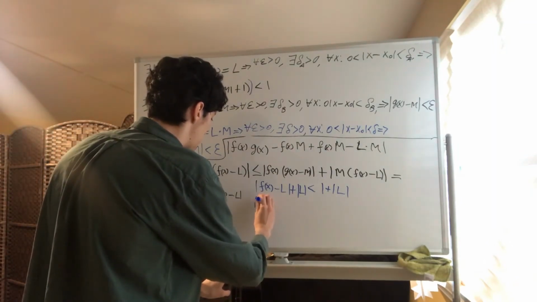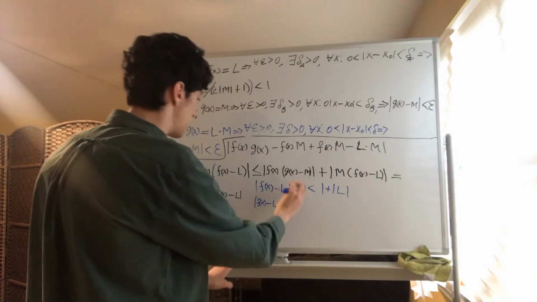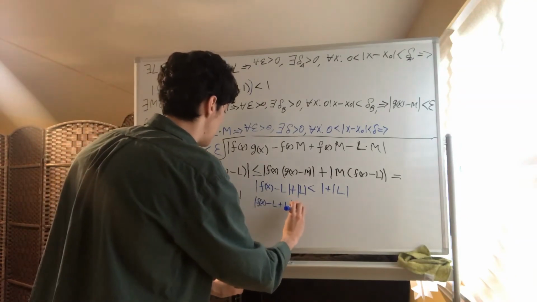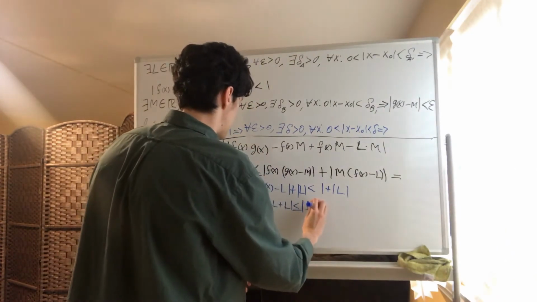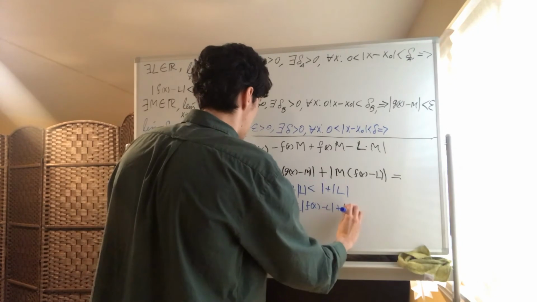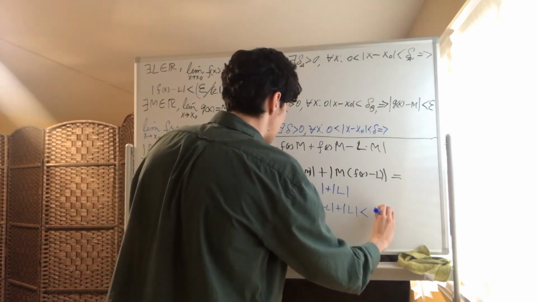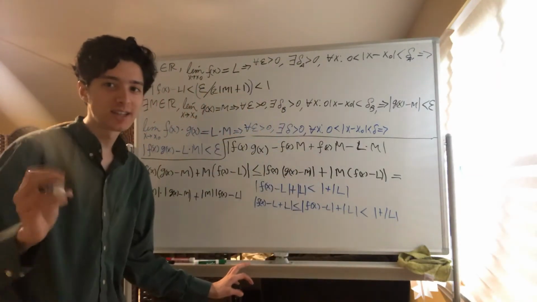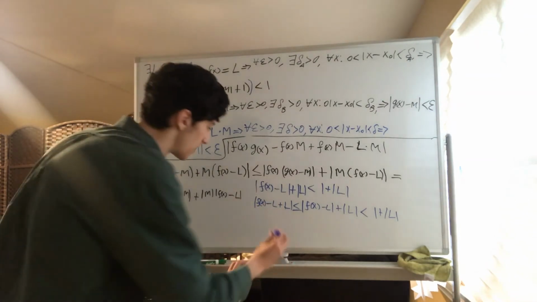So |f(x) - L + L|, right? Because I'm adding these two things together, all in absolute values, is less than or equal to |f(x) - L|, right, plus the absolute value of L. And this is less than 1 plus the absolute value of L. And therefore, by transitivity, right, these negative L and positive L cancel out.